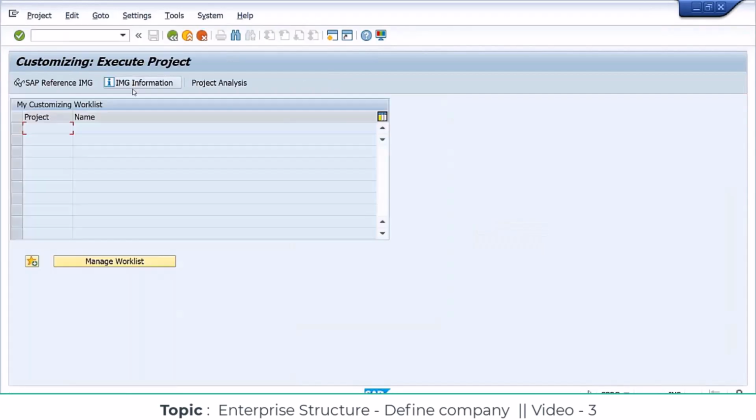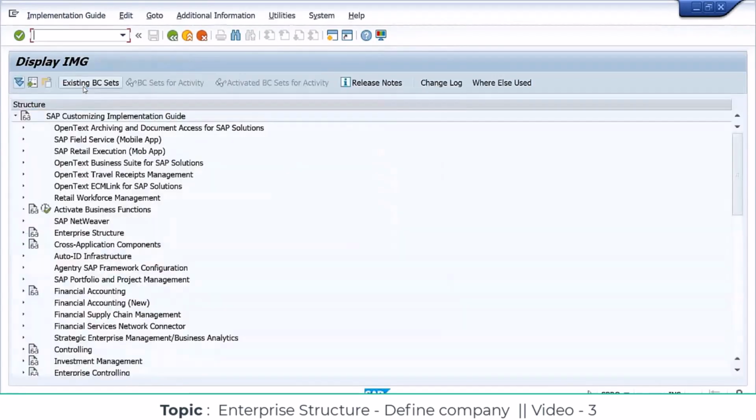Then click on SAP Reference IMG, and this is the screen which we call the Display IMG screen. This is the place where we are going to be doing all the developments required for the business. Under this Display IMG, you can see an option by the name Enterprise Structure. That's going to be the one.